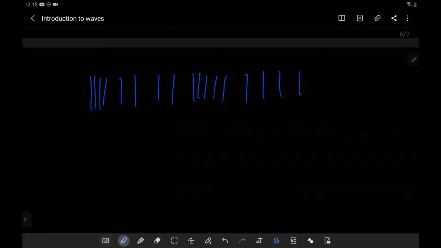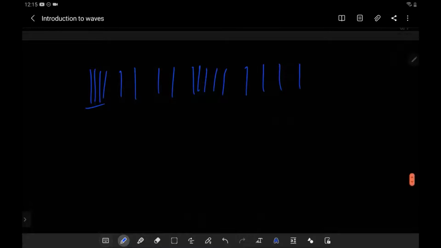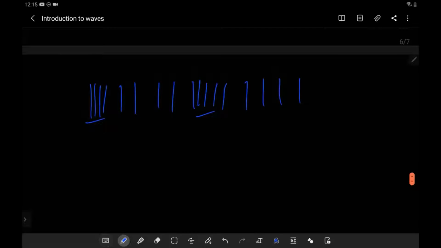Remember when we were doing the longitudinal wave, we have a series of points, then we have the rarefaction, then we have some compressions again, and rarefactions, and so on. So these points here would be the wavefronts, since they are the compressions. That is essentially what the wavefront is.